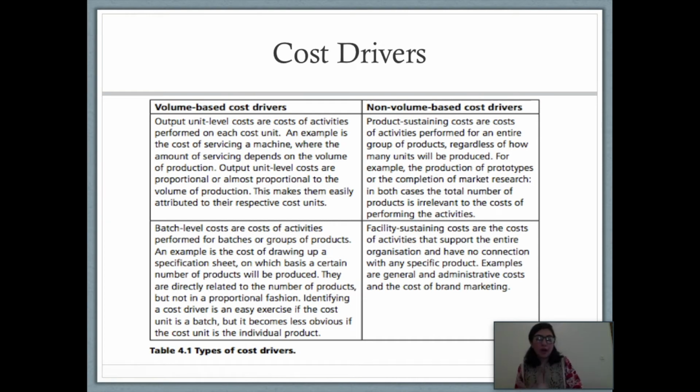So the higher the machine hours taken, the more costs on the machine you'll have to incur. So the machine cost was driven by the large number of hours taken. So cost drivers are the core basis of that cost being incurred.